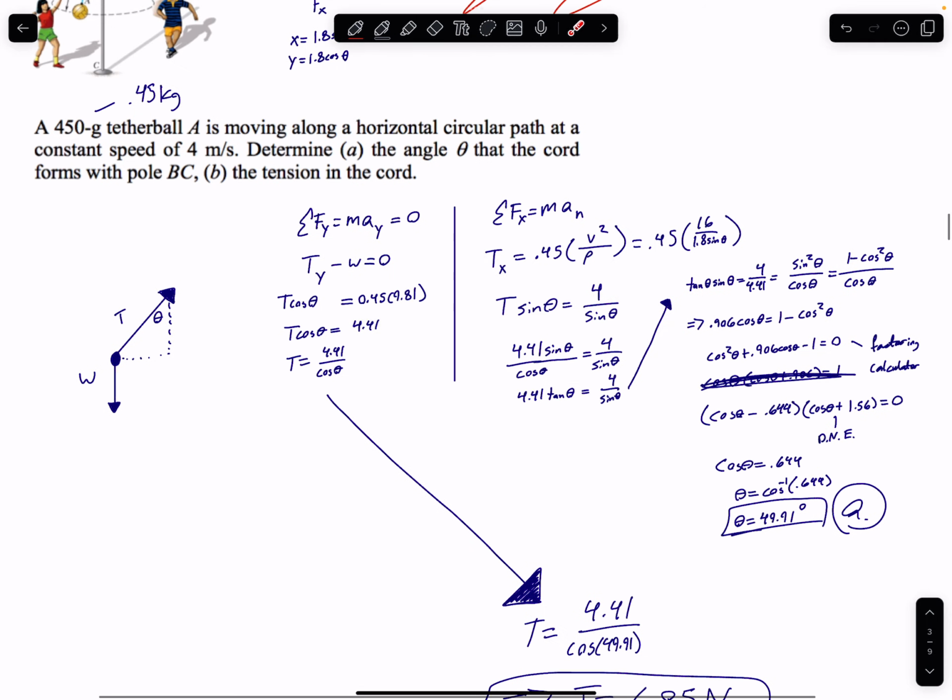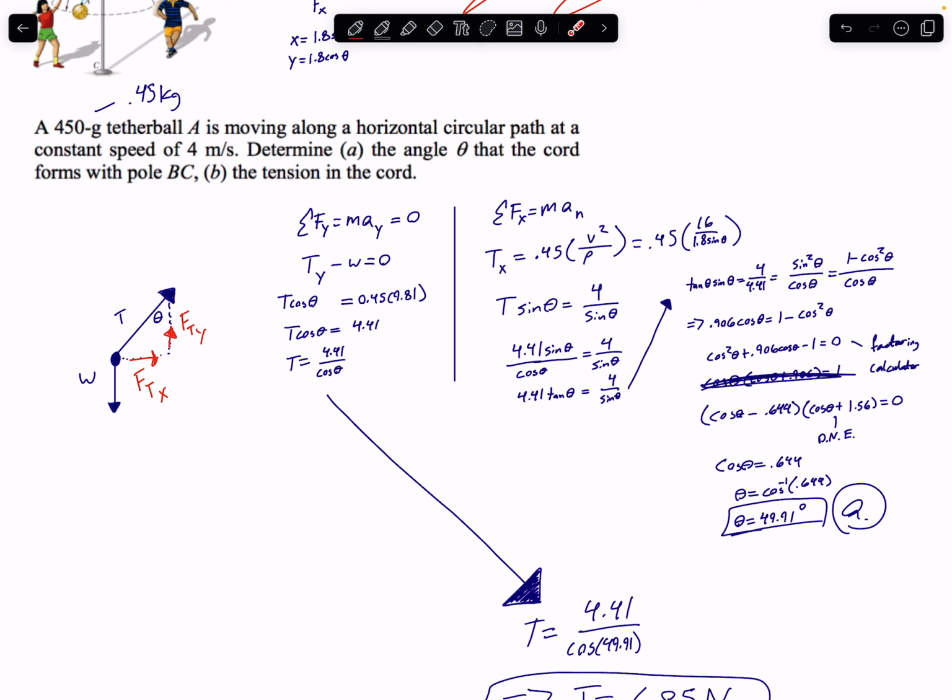So we know from our free body diagram here again, this is F of ty, F of tx. And we know that F of y is equal to the mass times the acceleration in the y direction, which is equal to 0.